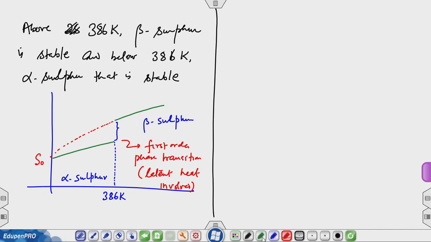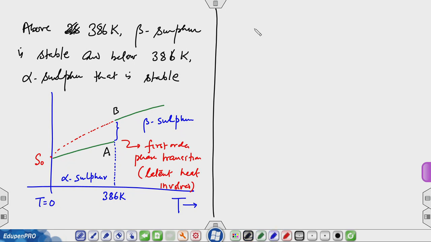Let me call the lower point point A, and this is point B, and we are plotting this entropy with respect to temperature this way. This is T equals 0.